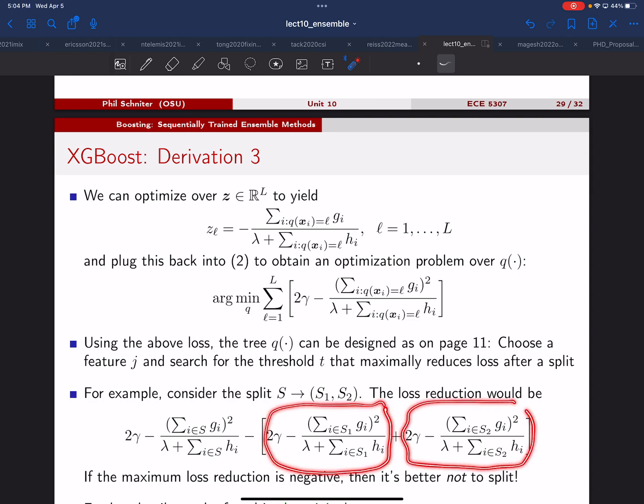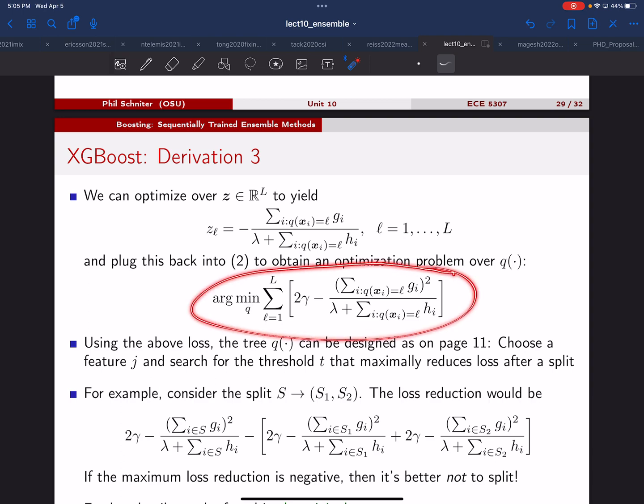This is the cost component for the second leaf. And the way they differ is just in the subset of samples I. So this is samples corresponding to the first leaf. This is samples corresponding to the second leaf. Okay. So in essence, this is now your homogeneity criteria. Previously when we designed trees, we talked in terms of homogeneity. If you want to interpret this as a type of homogeneity, that's what it is.